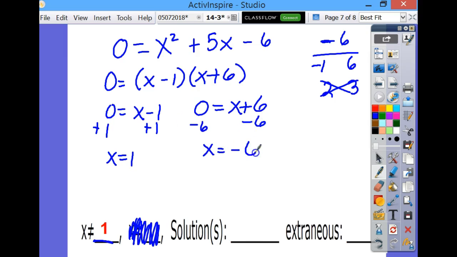Subtract 6 from both sides. And there's your answers, except I already wrote down here x doesn't equal 1. So can it equal 1 if it doesn't equal 1? So this goes over here in the extraneous, and this is the solution.